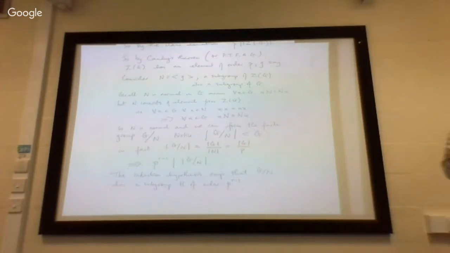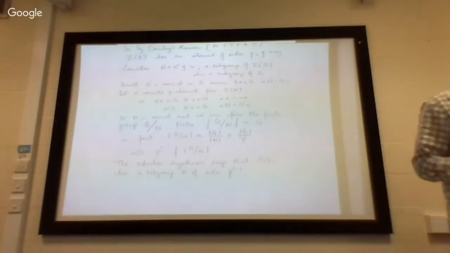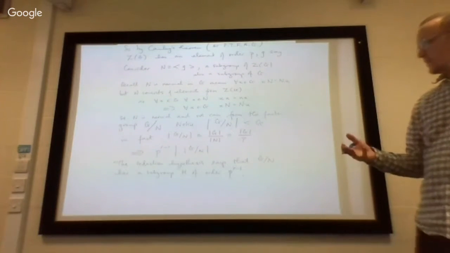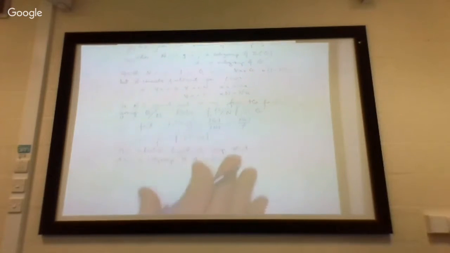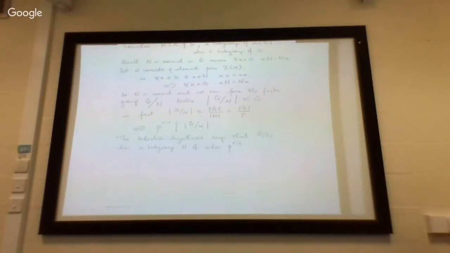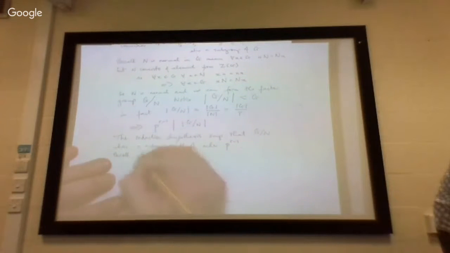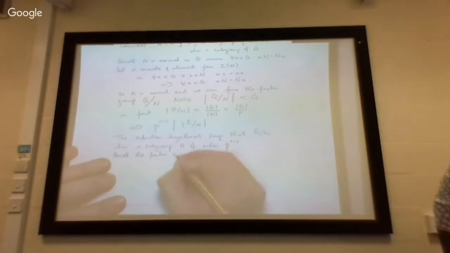After talking about H, he just gives another sentence and says, therefore, there's a subgroup of size p to the r of G. But we just have to recall a little bit here. So recall the factor group homomorphism.